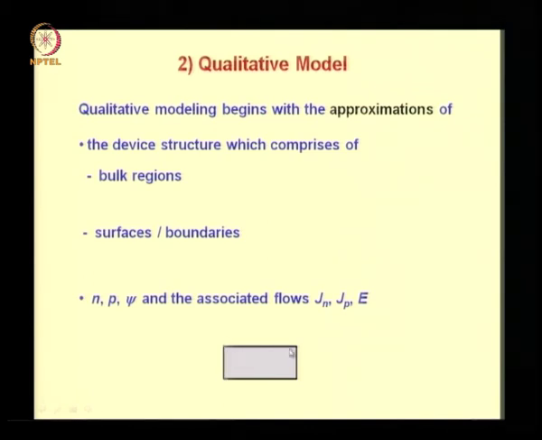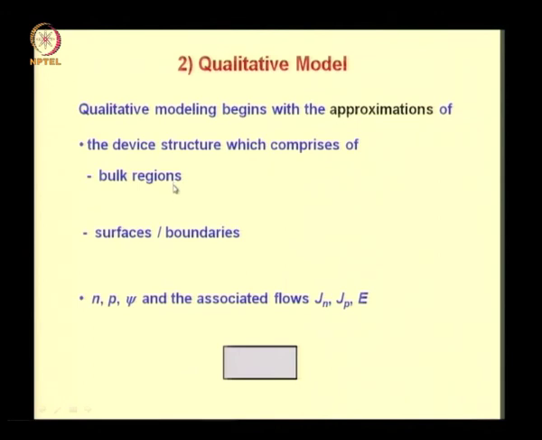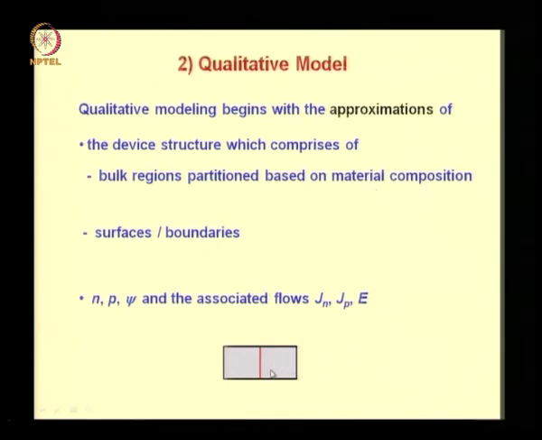So the outline constitutes the surfaces or boundaries. Further, for the bulk regions, you have partitions based on material composition. For instance, here we have illustrated a heterojunction. This particular red line partitions the whole device into two parts. The material on the left hand side is different from the material on the right hand side.